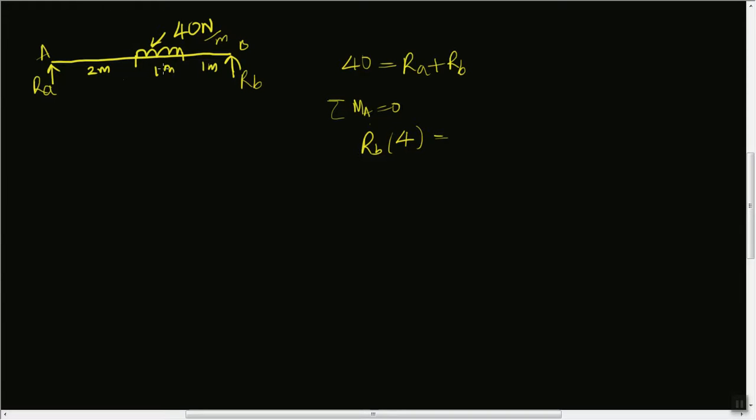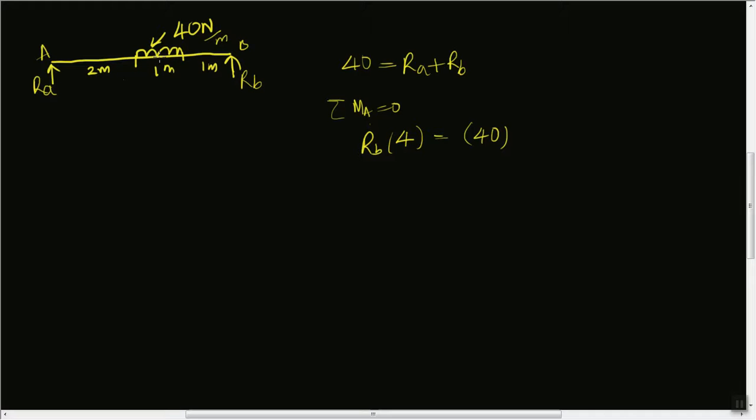the total moment by this load, that is the total load of the UDL is 40 newtons, and it is acting at the center of gravity of the UDL, that is the middle of the UDL.